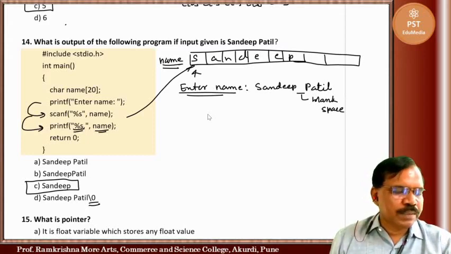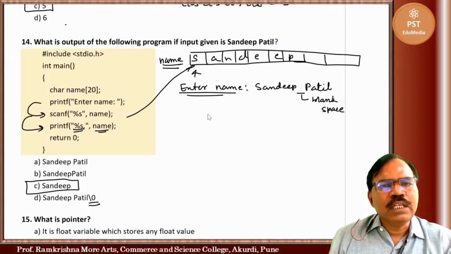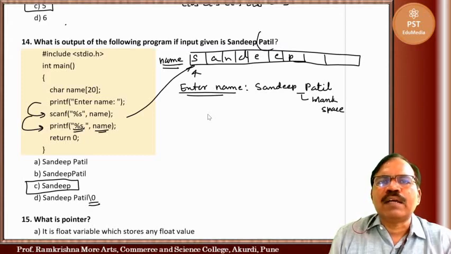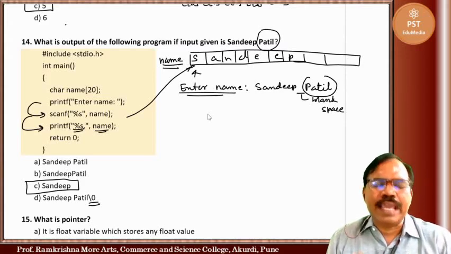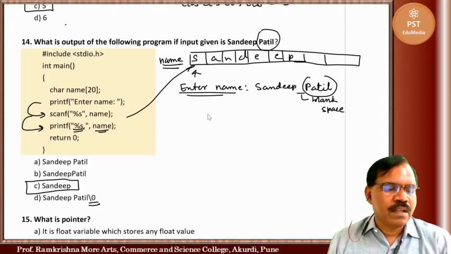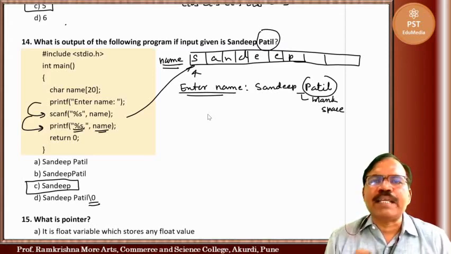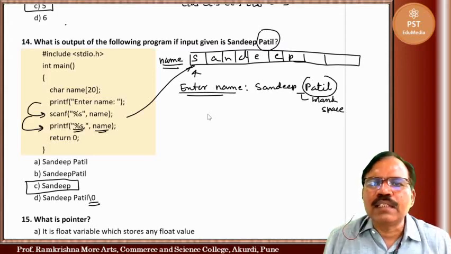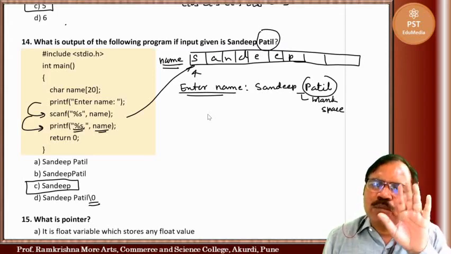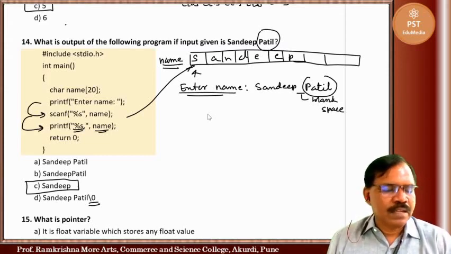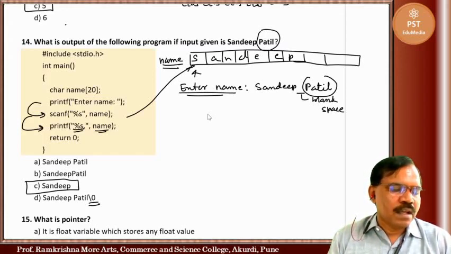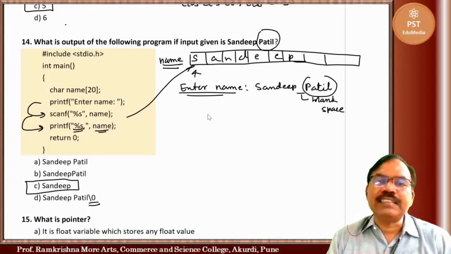Why? The word Patil never got stored in the array name, because the moment the blank was typed, when we go on typing Sandeep and then give a blank space, after Sandeep the scanf function assumed that the name being entered has ended.